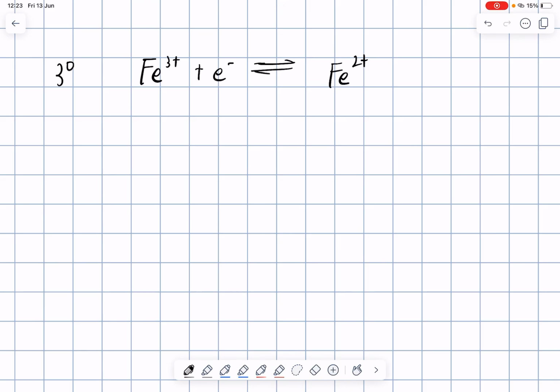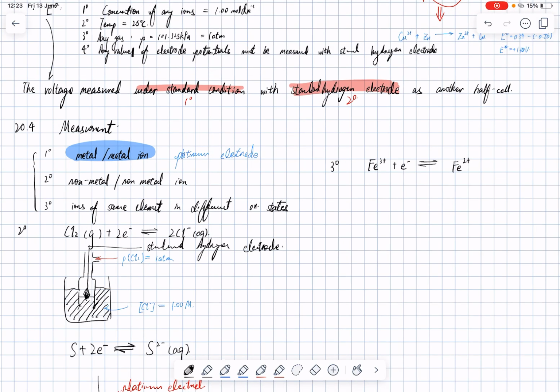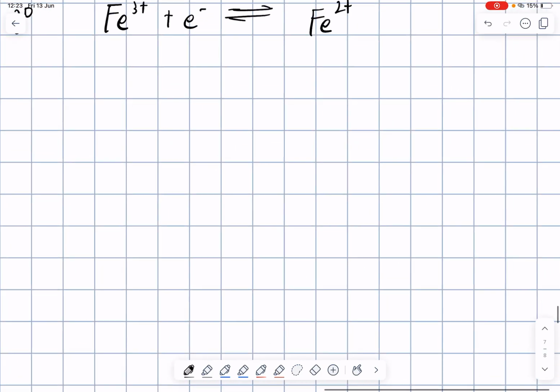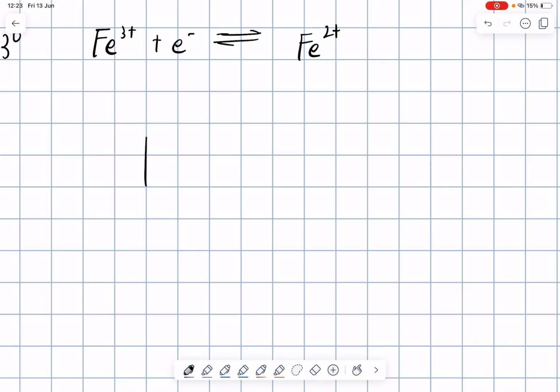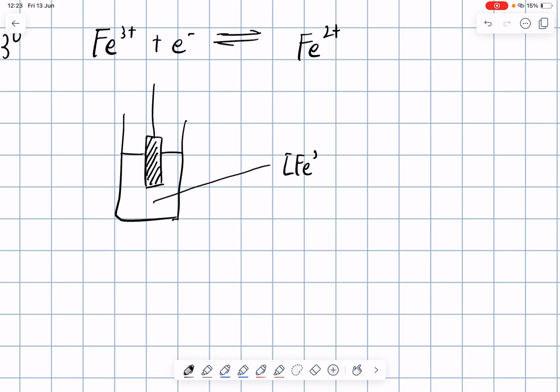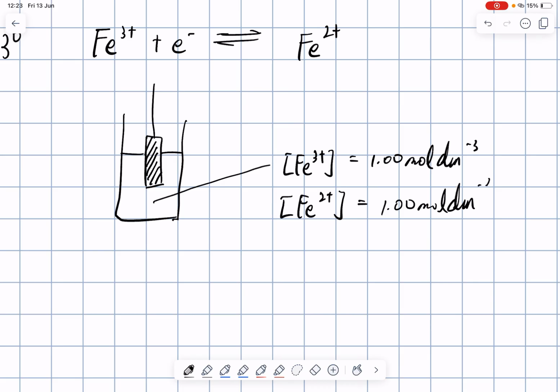This is basically the same as our previous discussions, and here it should also be a platinum electrode, and here Fe³⁺ and Fe²⁺ with equal concentrations, so an equilibrium can be reached as soon as possible.